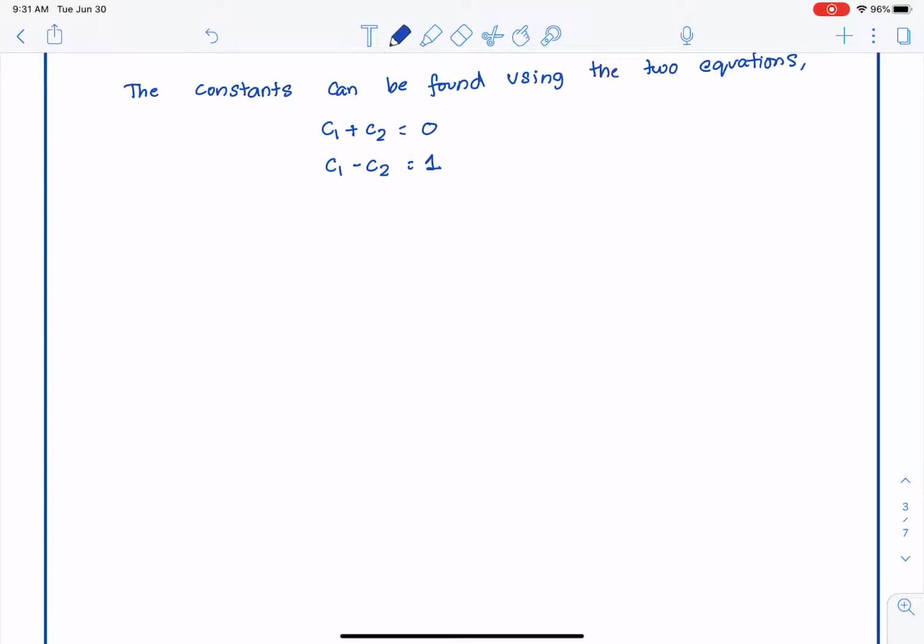If I add the two equations, the c2's would go away. 2c1 would equal 1, which would imply c1 equals 1/2. If c1 is 1/2, I could take c1 and plug it in one of the two equations. I'll plug it in the first equation. c1 is 1/2. 1/2 plus c2 would equal 0, which would imply c2 is negative 1/2.